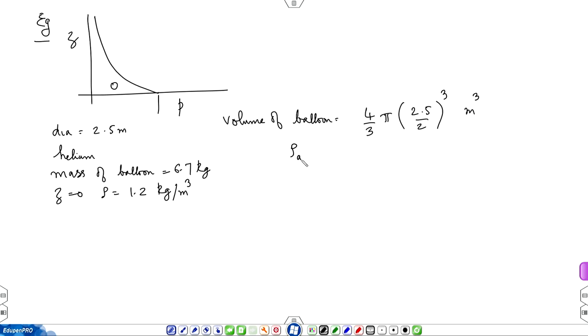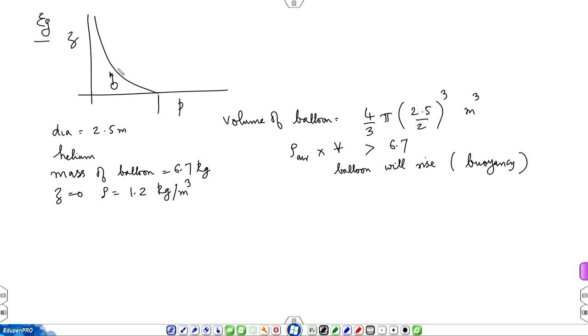So, if rho air times this volume exceeds 6.7, then balloon will rise due to buoyancy. Okay, so, in this problem it turns out it is going to rise.